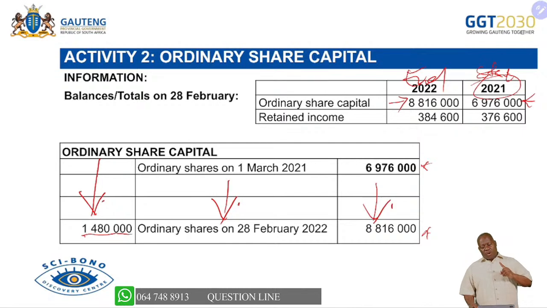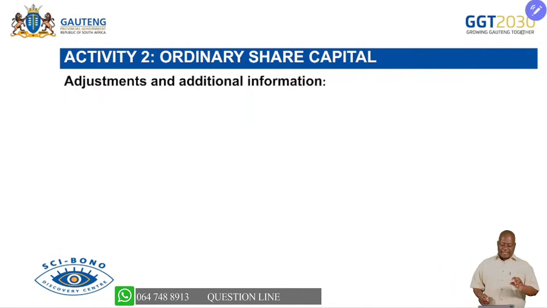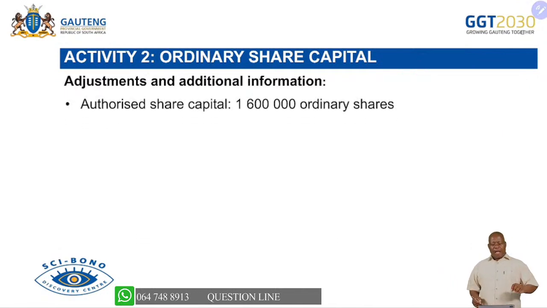Now, what is the additional information saying to us? The additional information is saying, to start with, the authorized share capital is 1.6 million ordinary shares. You know what is authorized share capital? The ceiling, the maximum number of shares that we can issue as a company.